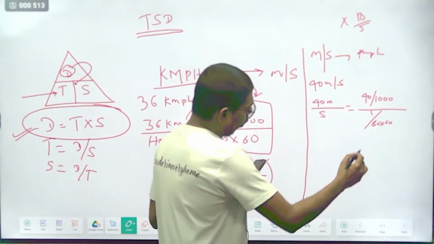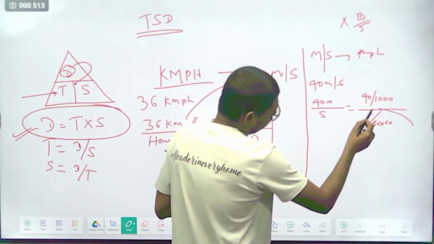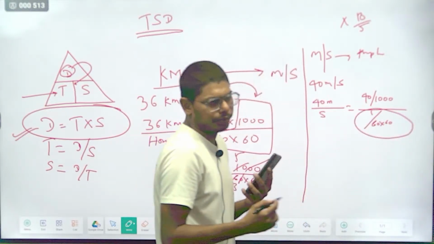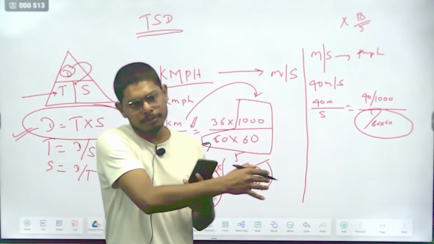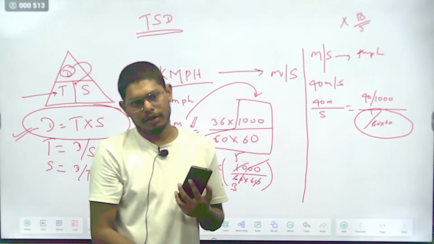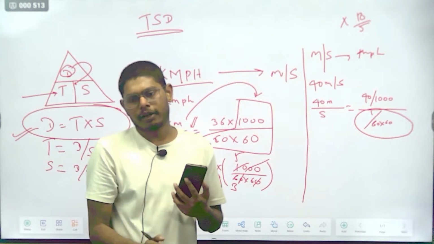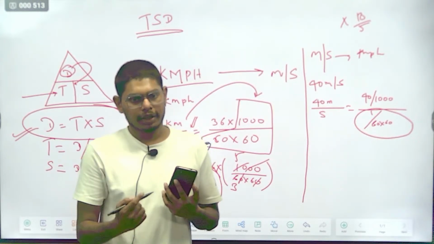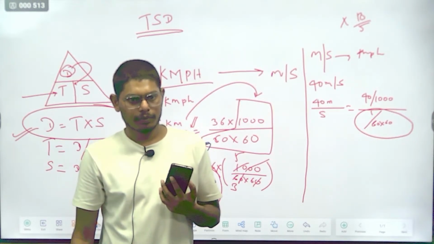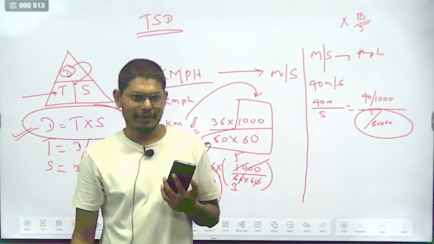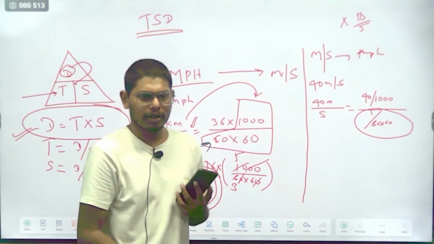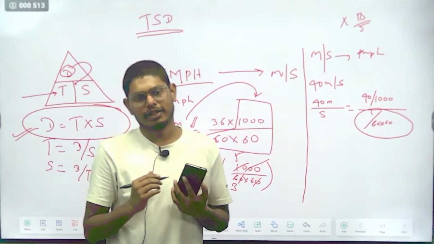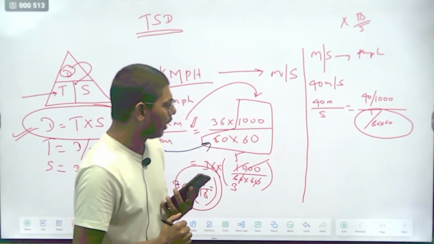Now ponder over this number. I just want you to feel it. Feel the magnitude of this number. 1 by 3600. Is this number greater than 1 or less than 1? Kadirvel, what do you think? 1 divided by 60 into 60.